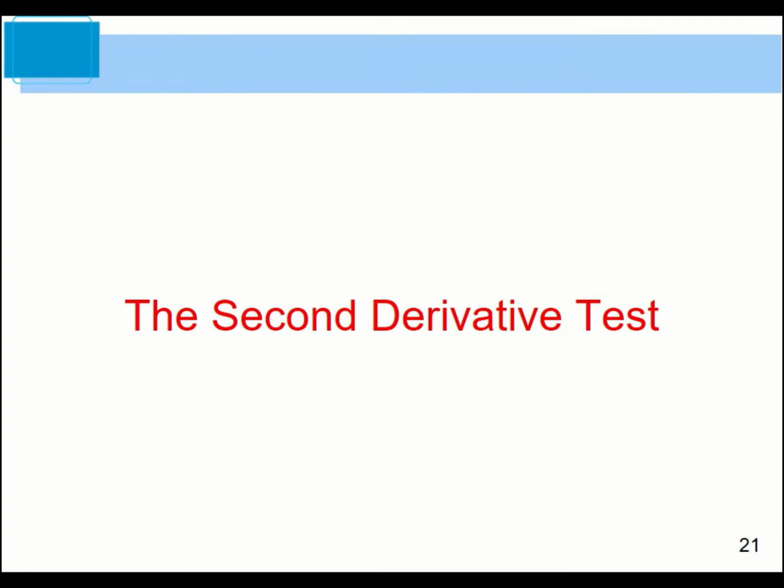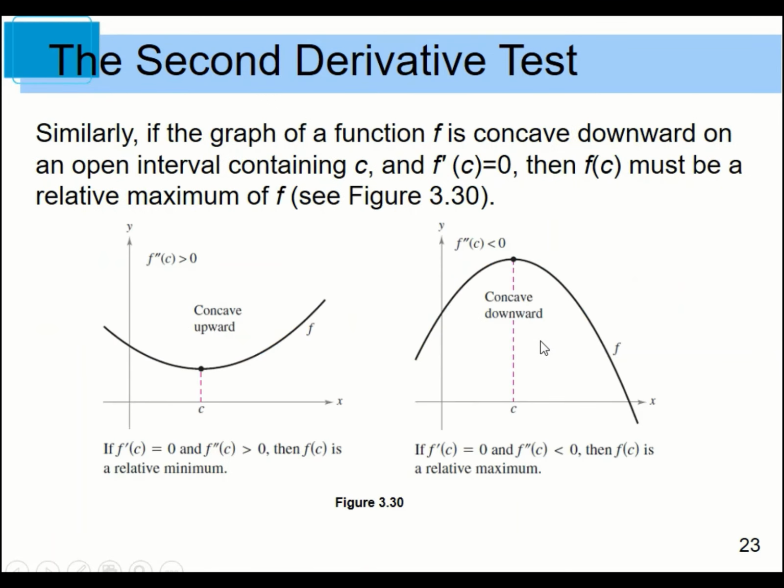The second derivative test. In the previous discussion, we know that when the second derivative d2y/dx2 is a positive value, the graph is concave upward, and we have a minimum point, a relative minimum.